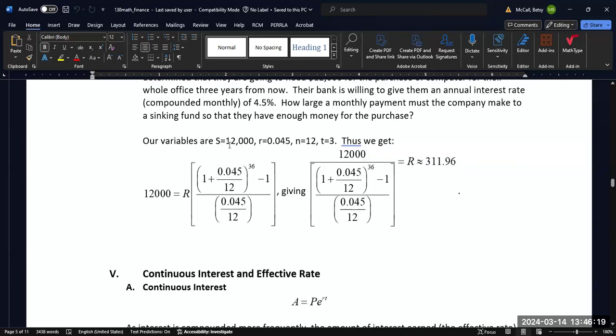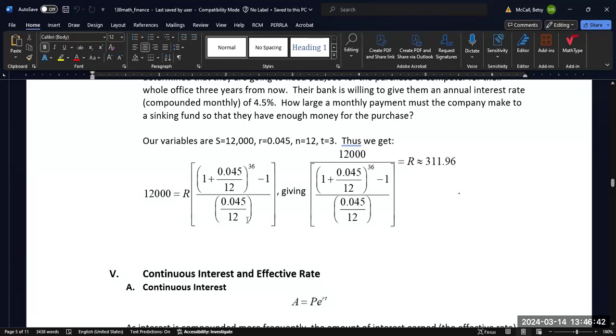And so here our variables are the $12,000 we're trying to save up for, and the interest rate is 0.045. The number of time periods per year is 12. The number of years is 3, so 3 times 12 is 36. And we're looking for the repeated payment value.